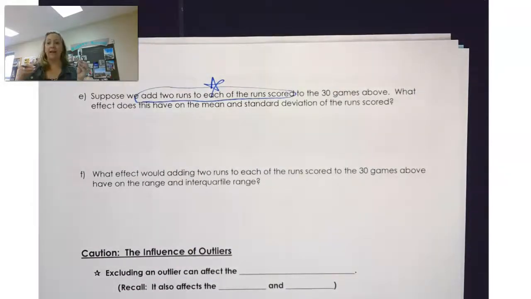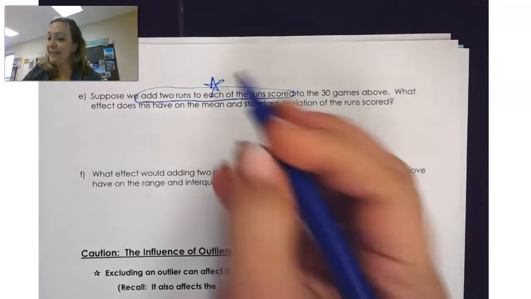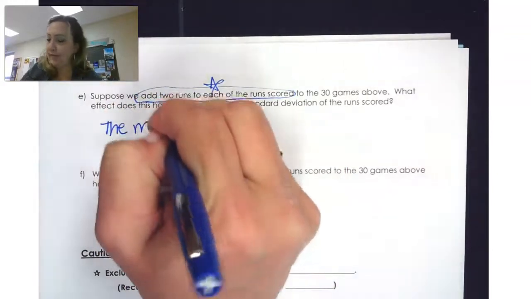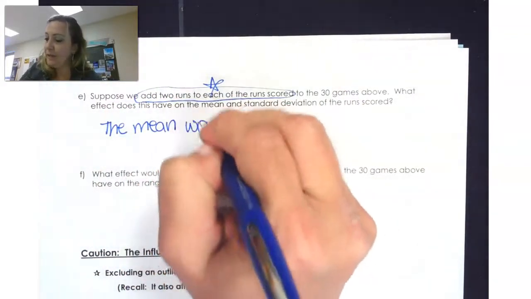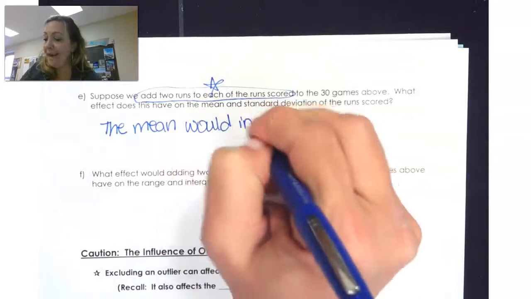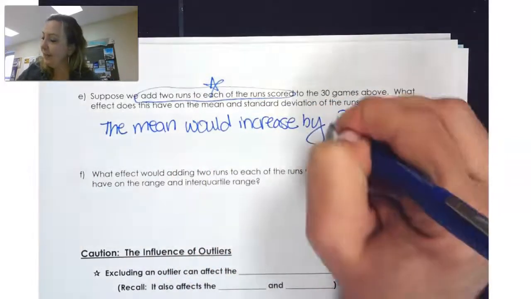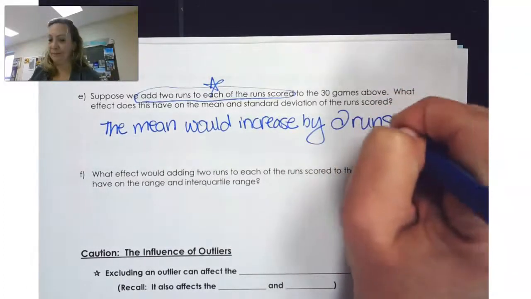We're taking all the values and changing them. And we had a problem like that in the notes the other day. What happened is that the mean did change. How would the mean change? Well, the mean would increase by that specific value. The mean would increase by 2 runs.